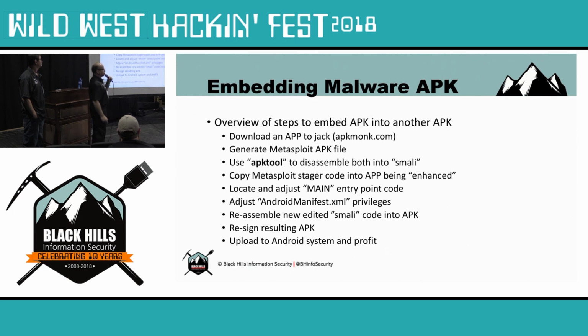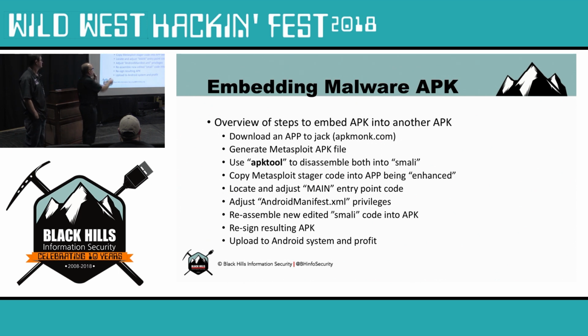Now, there are a lot of steps to do this. This is not for the faint of heart. First of all, we need to download the app we're going to jack from APK Monk or APK Mirror, one of those. Then we need to generate our Metasploit file. Probably we're going to generate some sort of C2 channel because it's fun to do so, like a reverse TCP or something like that. Then we're going to use apktool to disassemble both of these APKs into Smali.